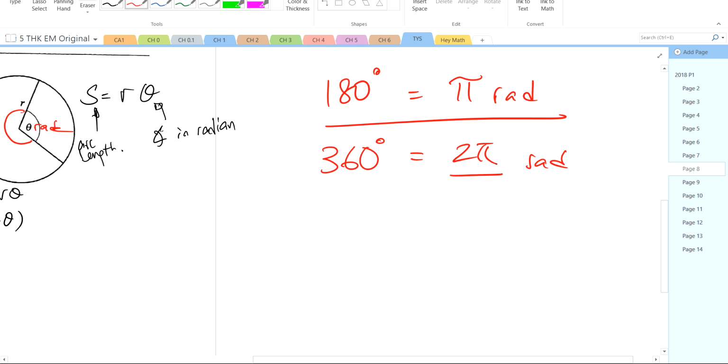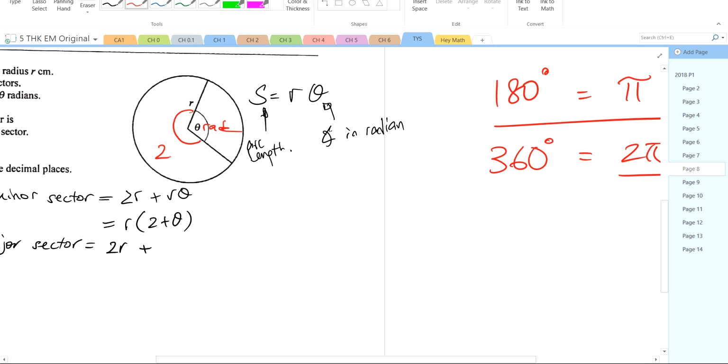So 360 degrees is the same as 2 pi radian. So now this angle is called 2 pi minus theta. Understand? 2 pi minus theta. Are you okay with the angle? Winnie, okay?